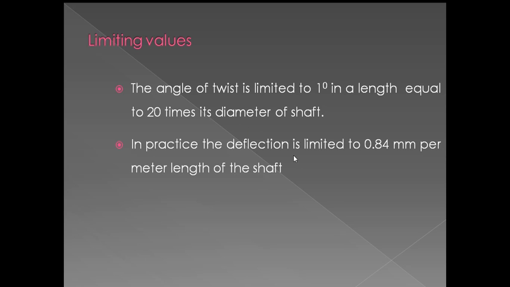And in practice, the deflection is limited to 0.84 mm per meter length of the shaft. So the deflection should not increase more than 0.84 mm per meter length. And at the same time, the angular twist should not be more than 1 degree in a length equal to 20 times its diameter of the shaft. So these are the limitations.